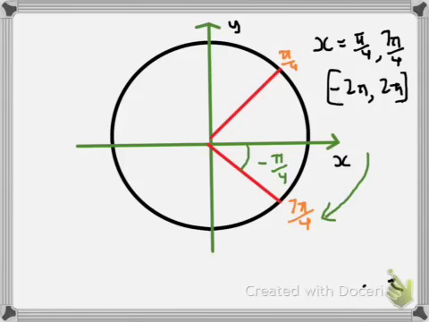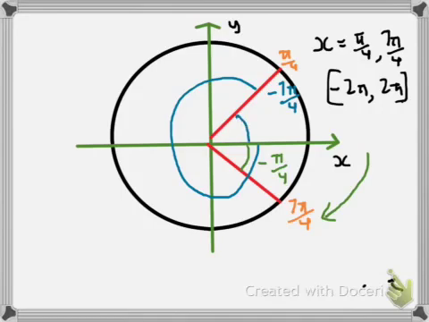What's the angle equivalent to pi on 4? Well, if we go right round here, like so, in that clockwise direction, that angle there is negative 7 pi on 4. Because we've almost gone around a whole revolution in a clockwise direction, except for that last bit there, which is pi on 4.